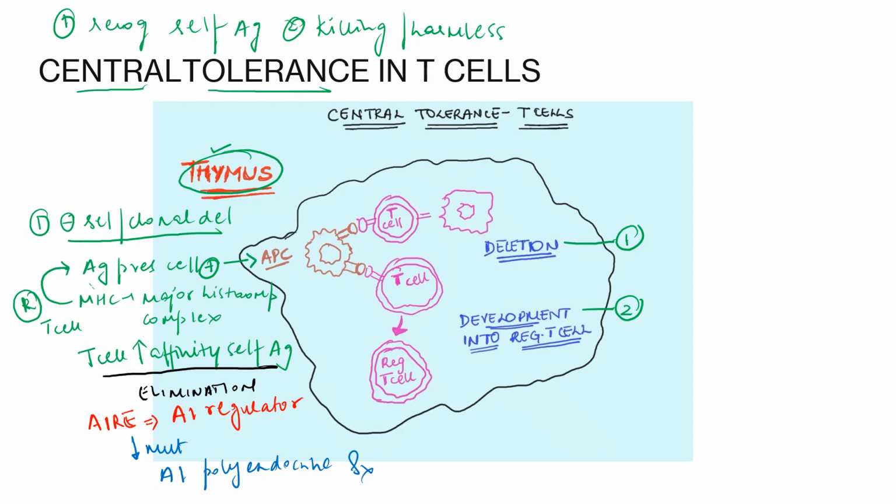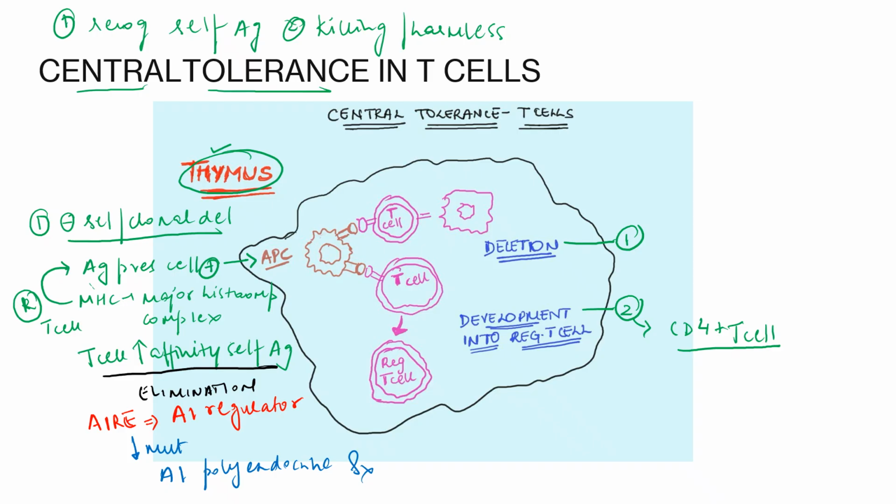Now that we have discussed negative selection or clonal deletion, let us now understand development into regulatory T cell. So here this mechanism is exclusively for the CD4 plus T cell lineage. T cell lineage is primarily into two parts. One is CD4 plus T cell lineage and the other is CD8 plus T cell lineage.